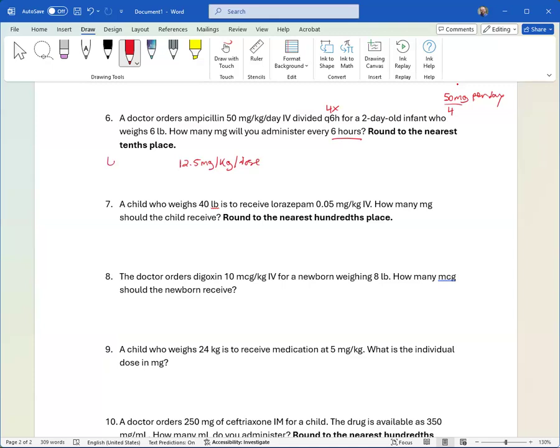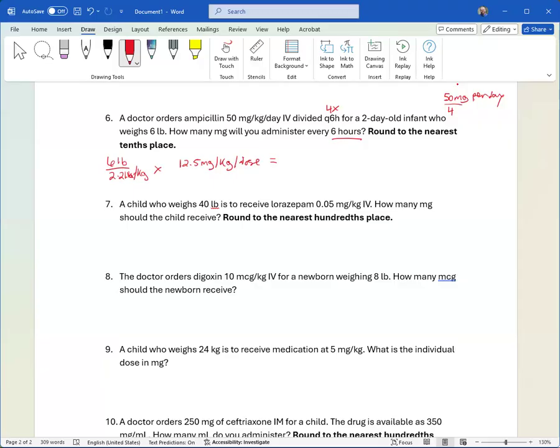And then I'm going to do my 6 pounds, divided by 2.2 pounds per kilogram. And then this will give me my answer in milligrams. So 12.5 times 6 divided by 2.2. I'm going to get 3.409.